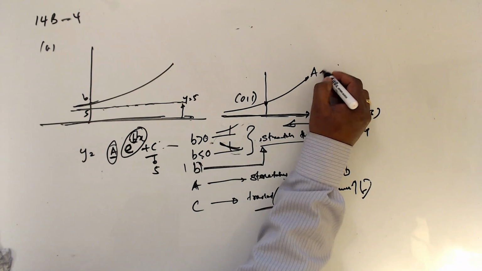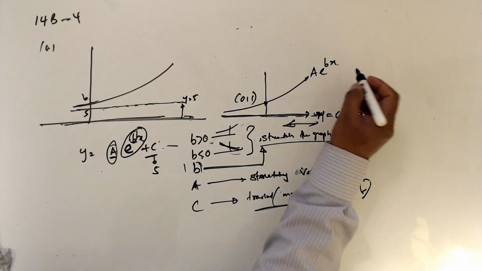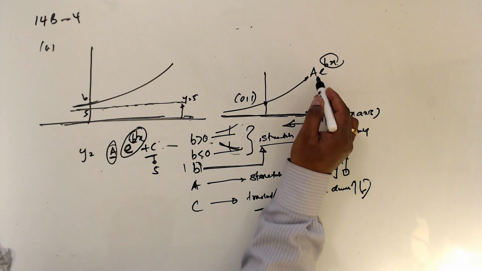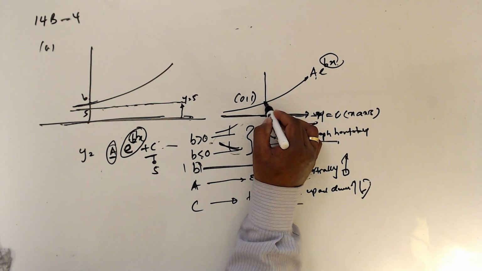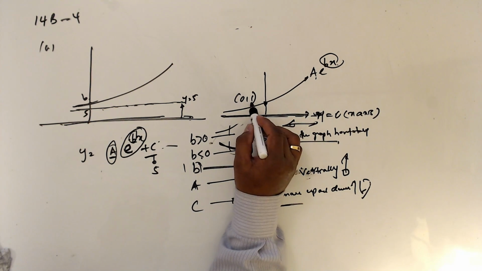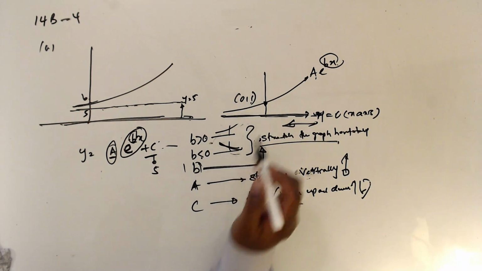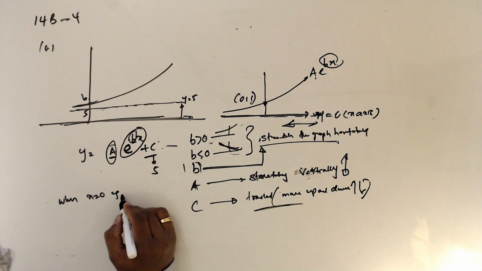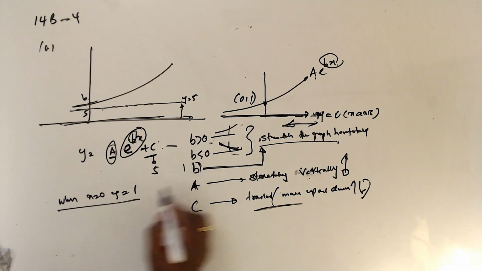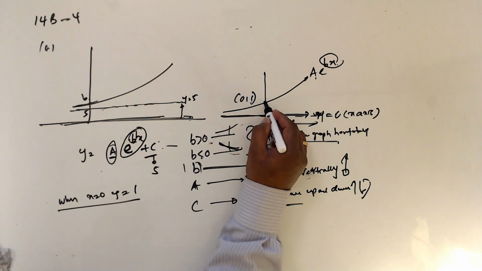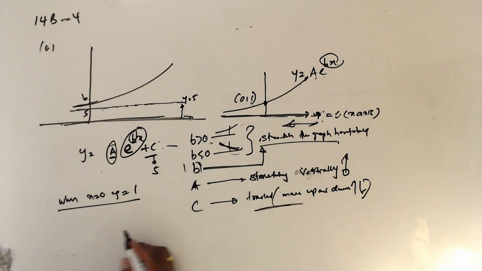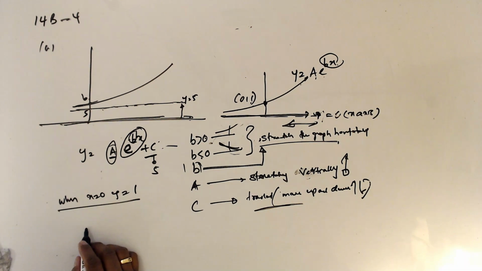y equals A e^(BX). Now B is positive, so we know that it goes in this direction. Now at X equals 0, what has to be the y value? 1. So when X equals 0, y is 1. So there is a 0, 1 point on this curve now, y equals A e^(BX).